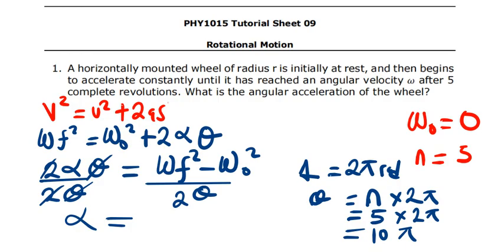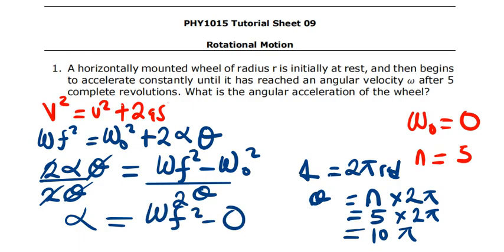The final velocity, it started from rest. What do we have as our angular final? In this case we have not been given it, so we're just going to write our final squared minus our initial.